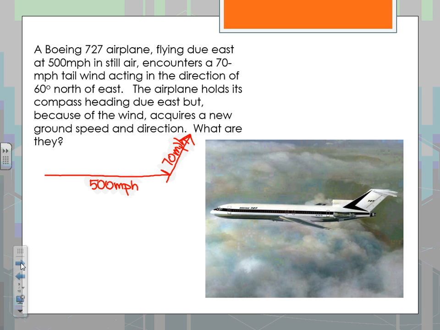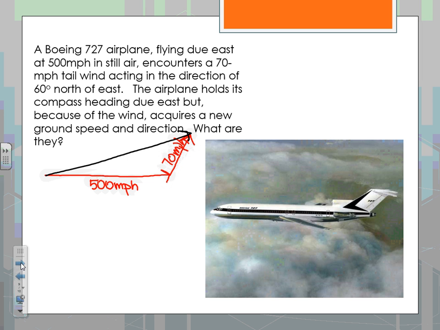How do we figure out how fast the plane's actually going? Why don't we just add the two together? I thought it stayed due east. Yes. It holds its compass heading of due east, but the crosswind is going to blow it.